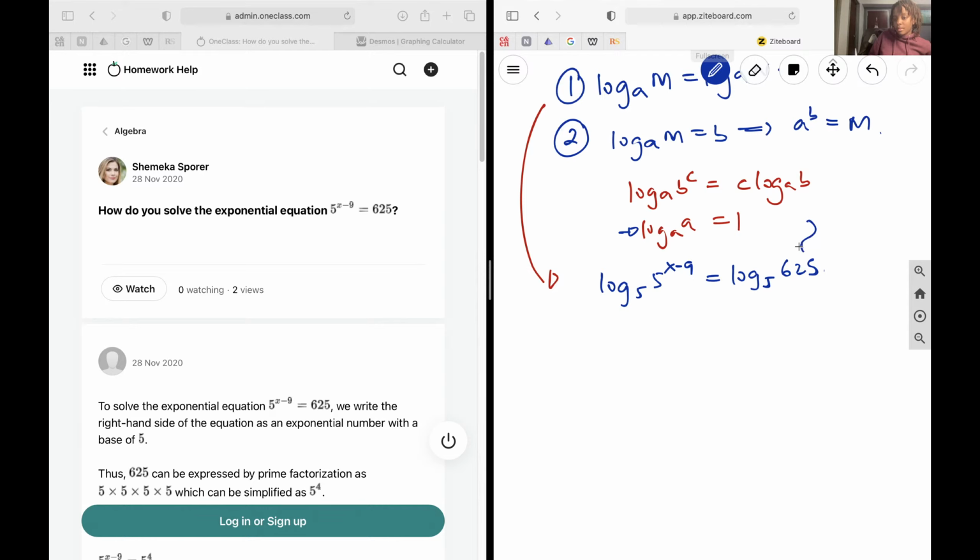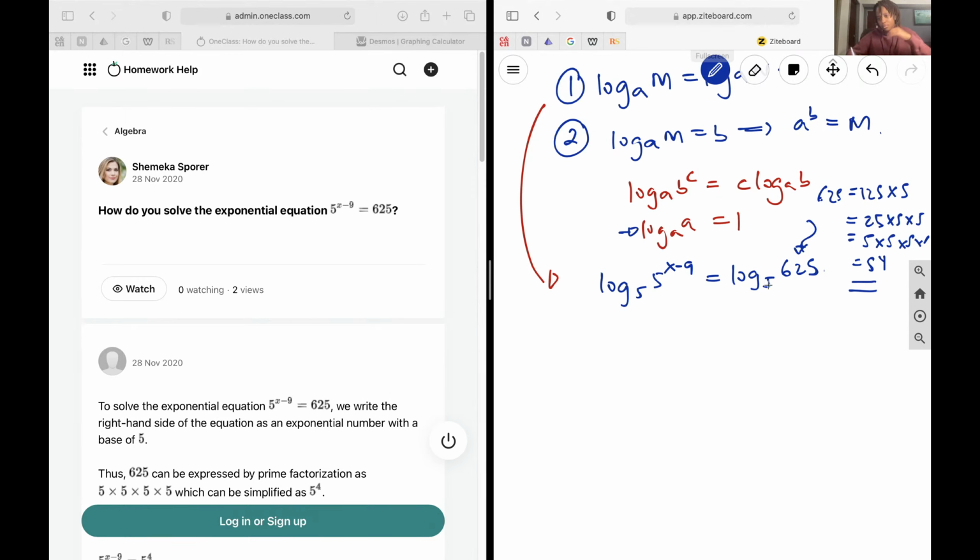And then here I can note that 625 is 125 by 5. 125 is 25 by 5 by 5. So this will all give me 5 by 5 by 5 by 5. And so this is going to be 5 to the power 4.